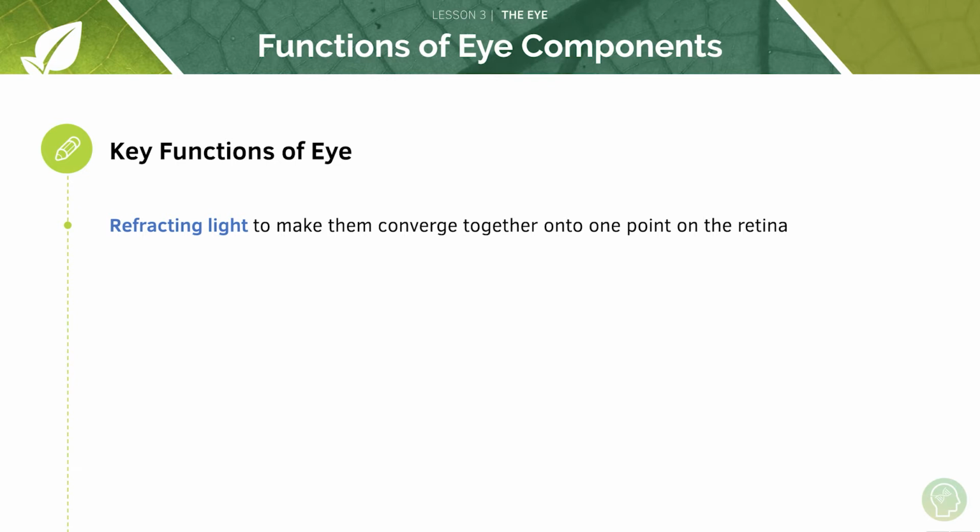Another word for bent is refracted, because they're passing from air into a different medium, the liquid kind of structure of the eye. So they're going to bend as they pass through that. They're going to undergo refraction, and therefore they're going to converge towards each other, these light rays, onto one point on the retina. And it's the lens that is responsible for this refraction of light.